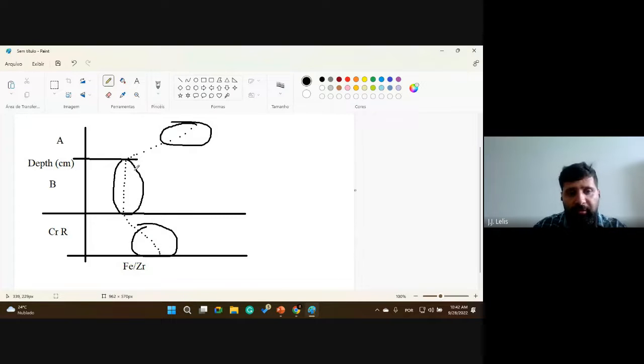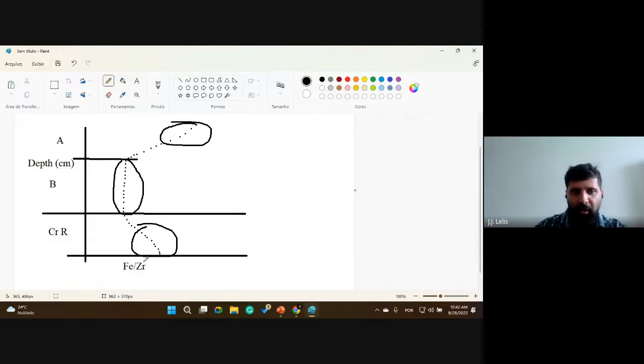So you can see here that the B horizon decreases the content of iron, but keeps the same content of zirconium, because zirconium is not so mobile.